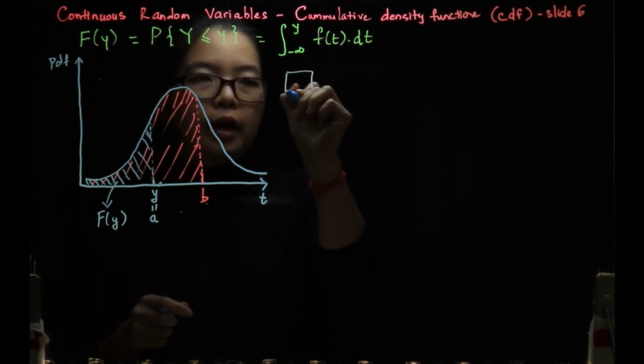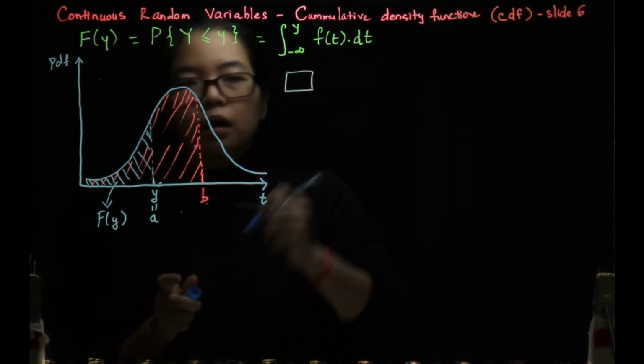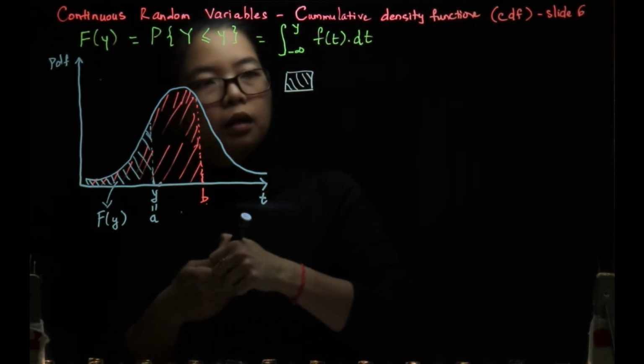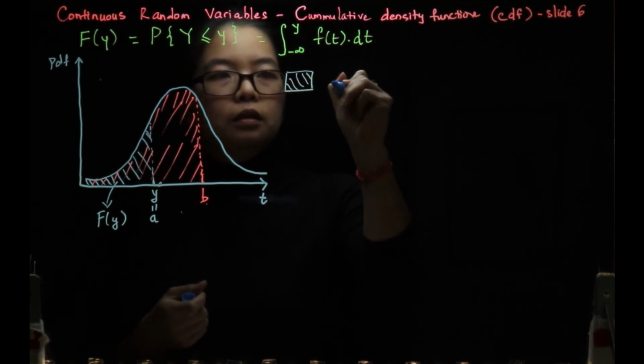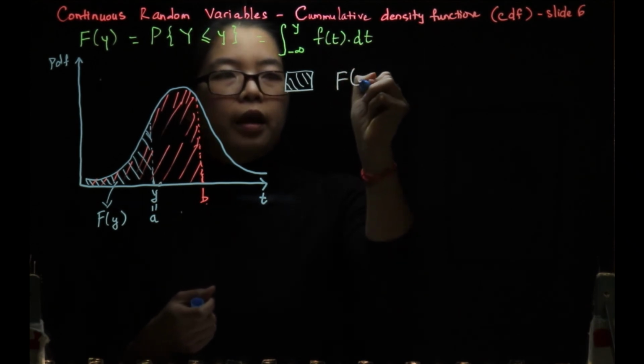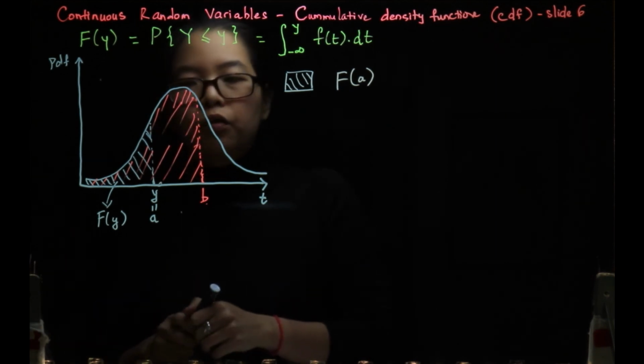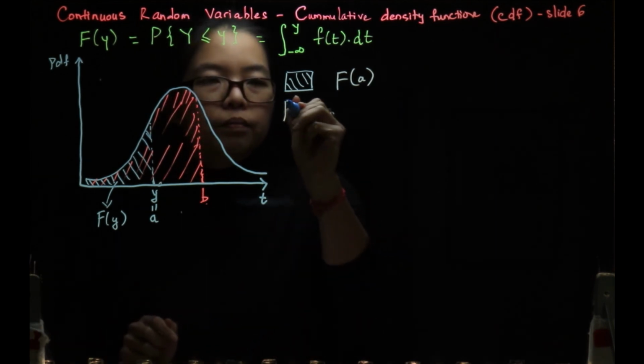Just like here, the area of what I shaded, that is F(A), right? And below there you have two areas actually.